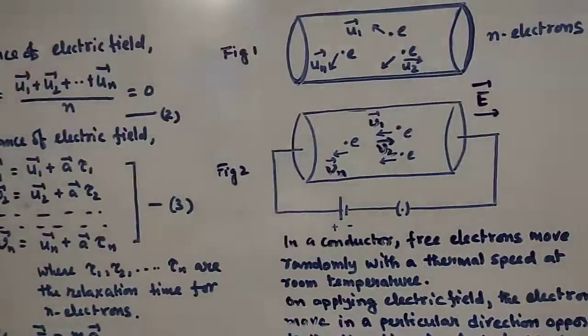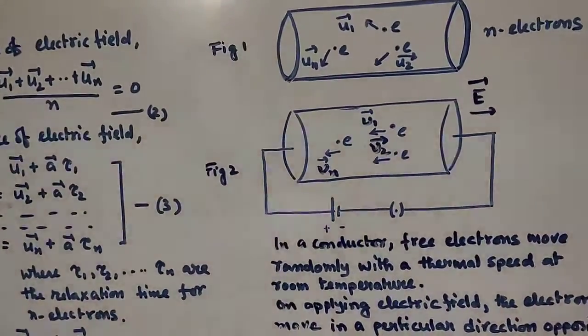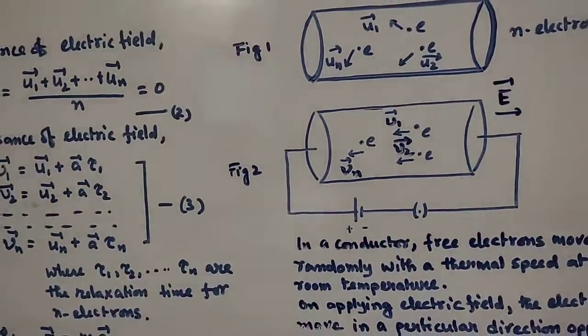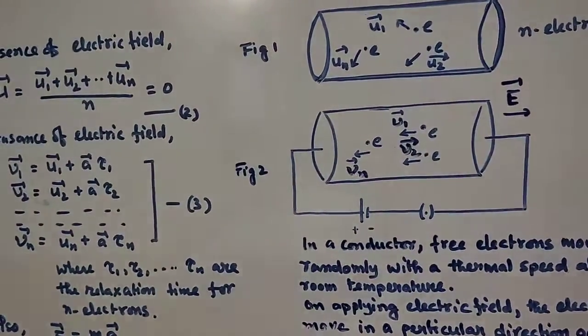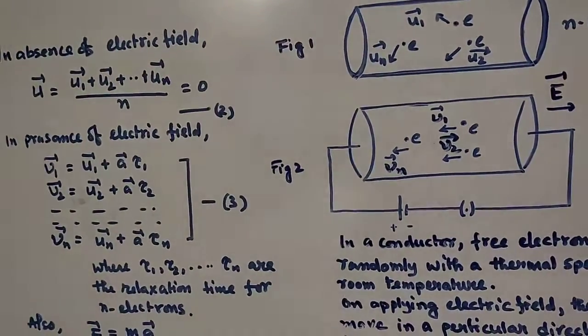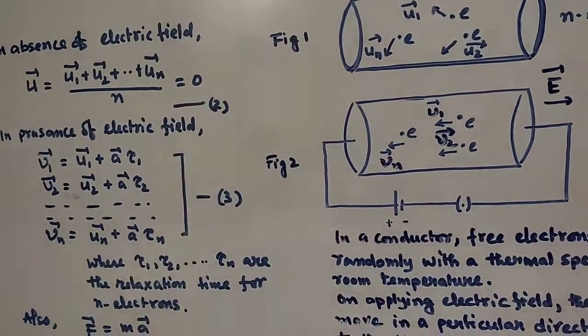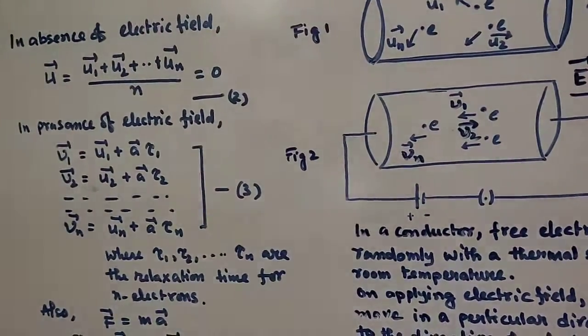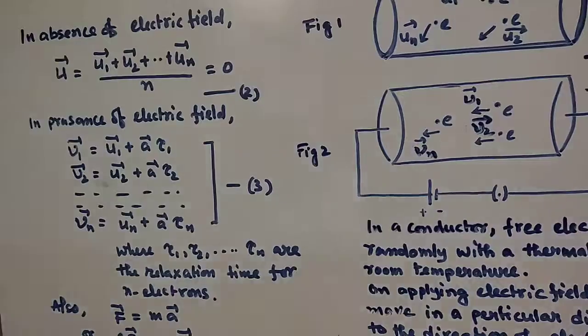There may be a very small time interval during which there is no collision, and that time interval is defined as the relaxation time. I think most of you understood what relaxation time is. You can assume that electrons are moving in a particular line, and there may be a collision. Let me consider a particular electron colliding with an electron in front of it.